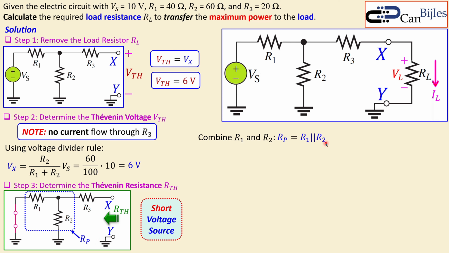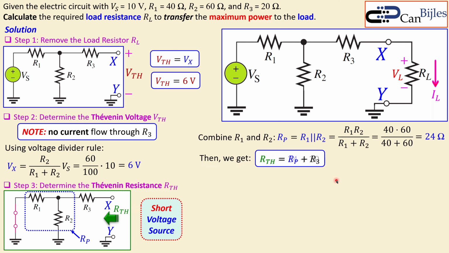So RP is R1 in parallel with R2. That is this formula, and that will give you 24 ohms. That means your circuit now becomes RP in series with R3, and that is your R Thevenin. If I now substitute the values given here, that will be 44 ohms.